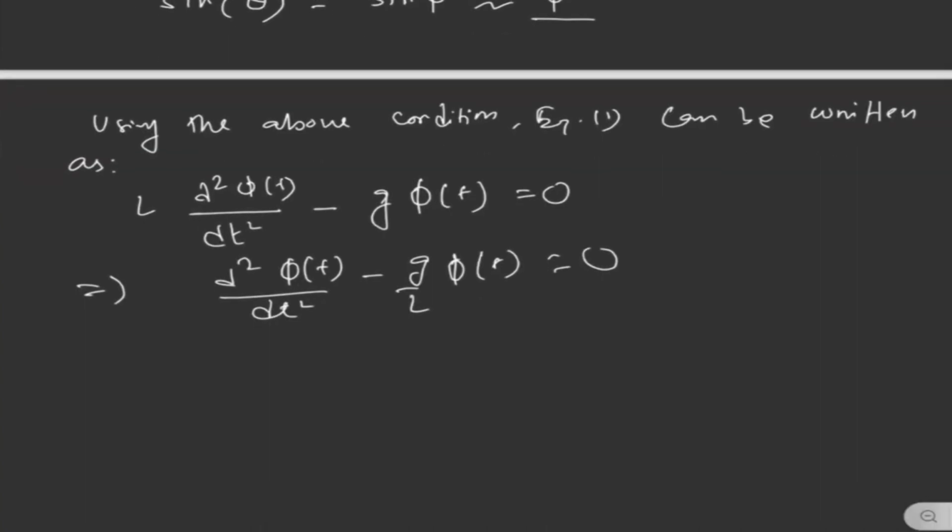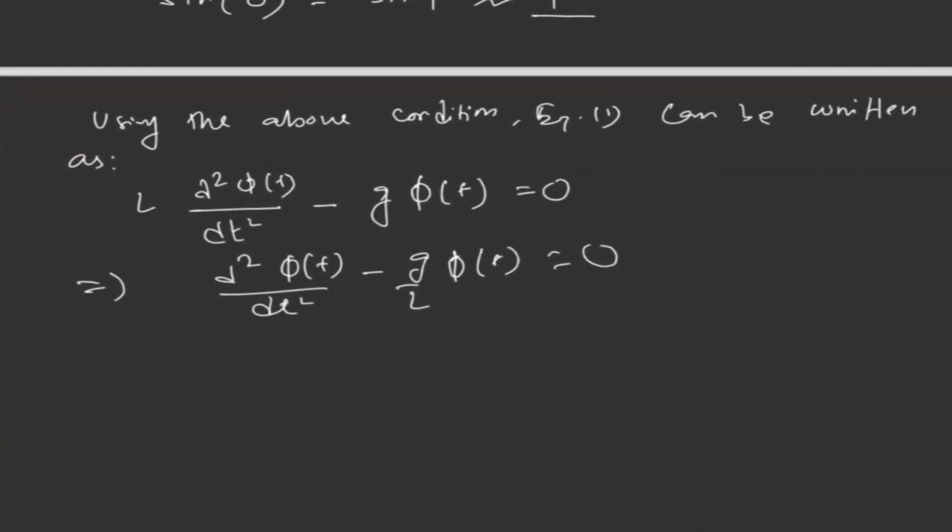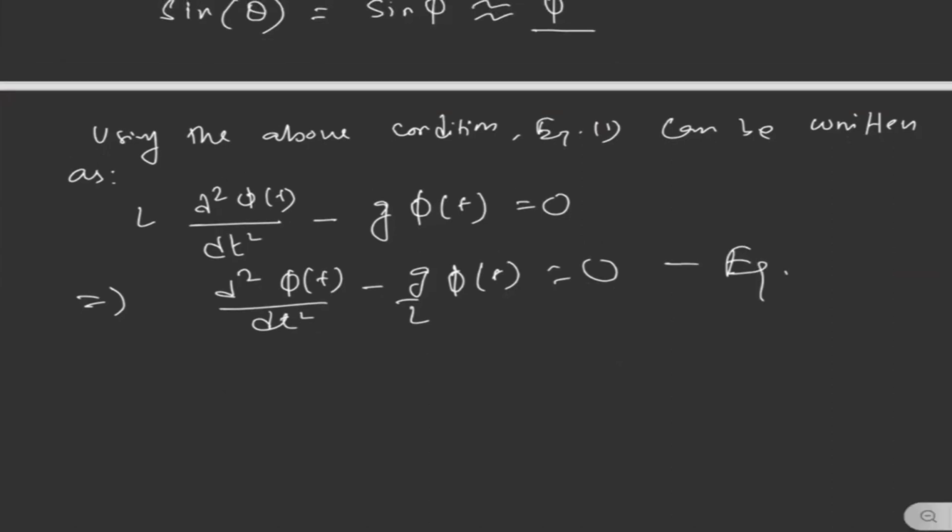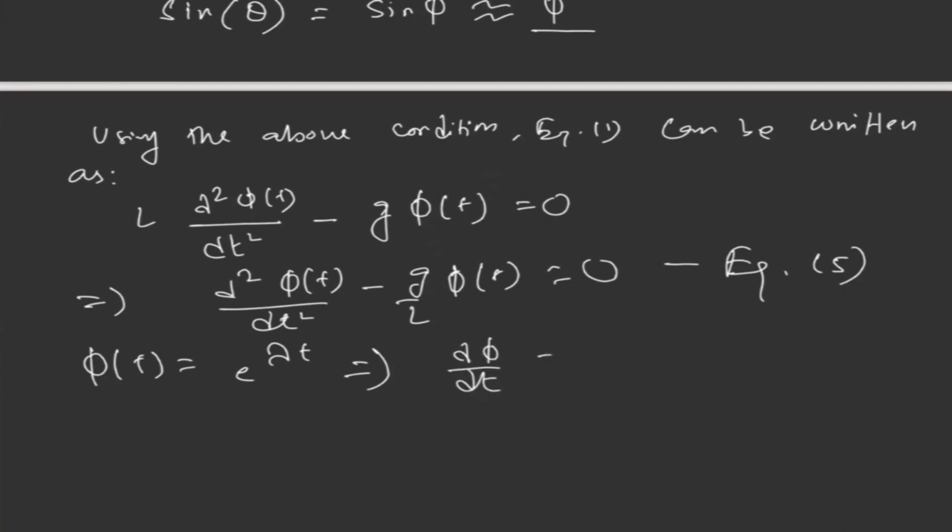Now, if you assume the solution of this expression, let me write, this is equation number 5. If you want to find a solution of equation number 5, let's substitute phi of t equal to e to the power lambda t. And from this, we can write d phi by dt equal to lambda e to the power lambda t, and d square phi by dt square equal to lambda square e to the power lambda t.